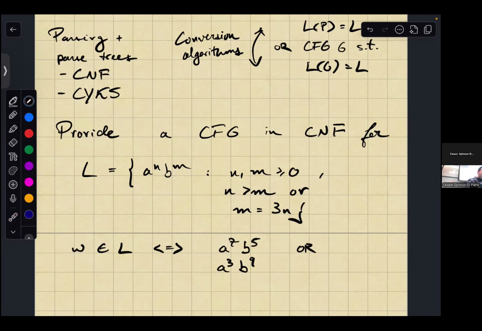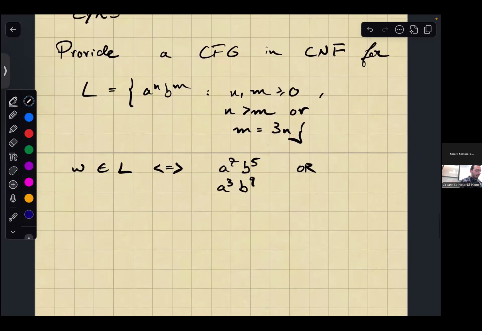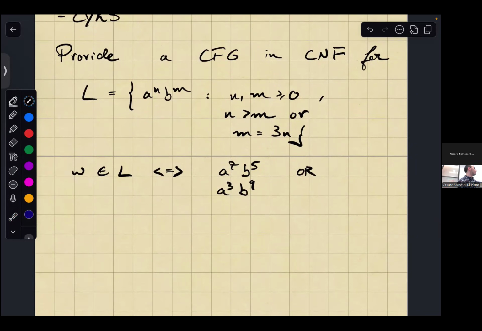Okay, so how are we going to do this? The annoying thing about this question is that it asks for the context-free grammar to be in CNF, right? So it'd be kind of hard to think of a grammar in CNF directly. I think for regular expressions it's kind of doable, but CNF directly is a bit harder.